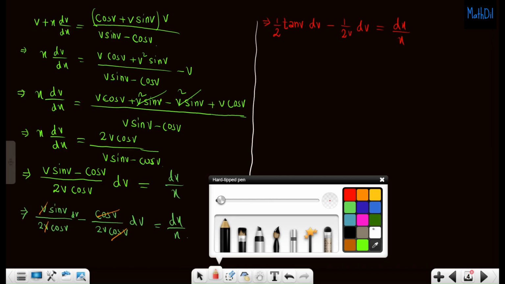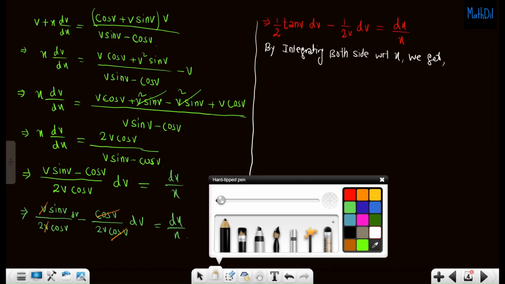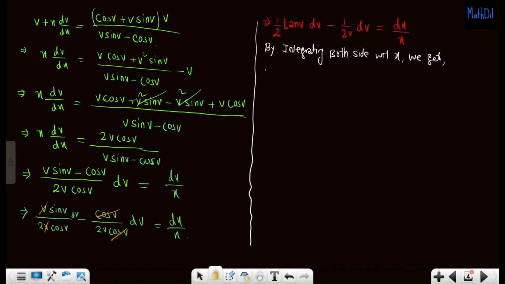So by integrating both sides with respect to x, what do we get? We will get this expression that, see, 1 by 2 will be outside, integration tan v dv, right, minus 1 by 2 will be outside because this is a constant, 1 by v dv, it will be equal to integration dx by x.